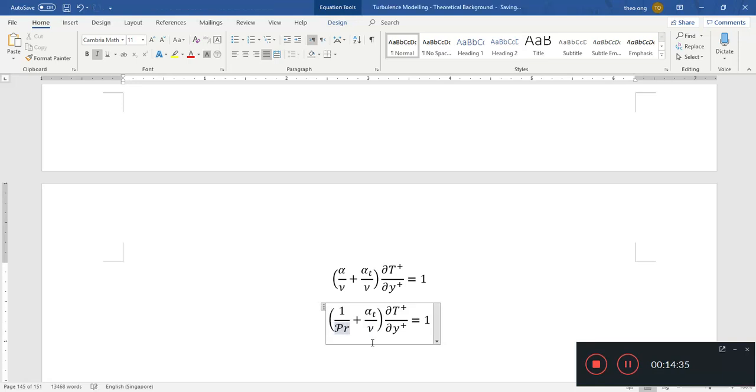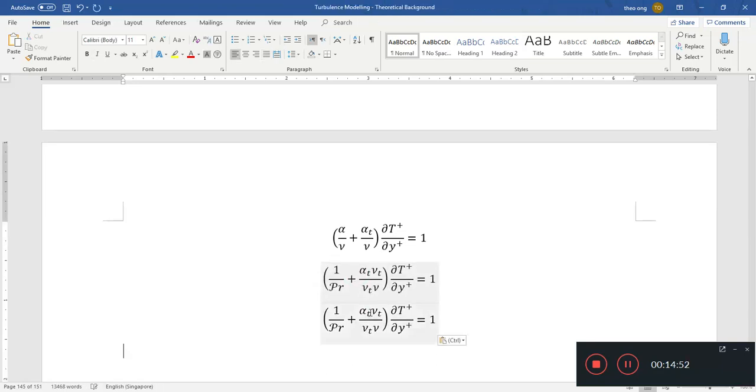Okay, and what is this here? Well, it's not quite the turbulent Prandtl number, but we can just do a few tricks to make it such. So we just do nu t at the bottom, nu t on top, and that will give us 1 over the turbulent Prandtl number over there.